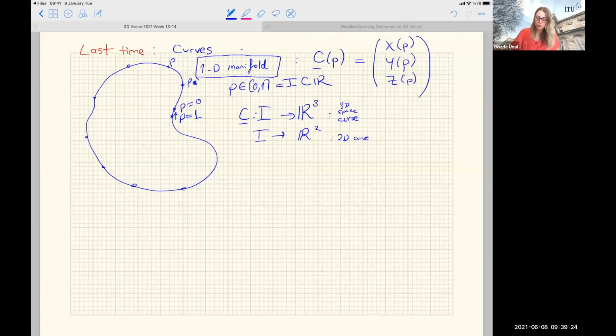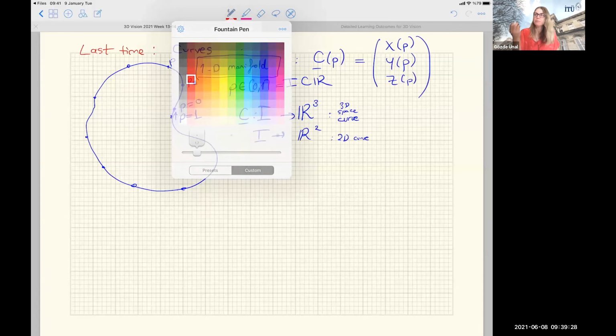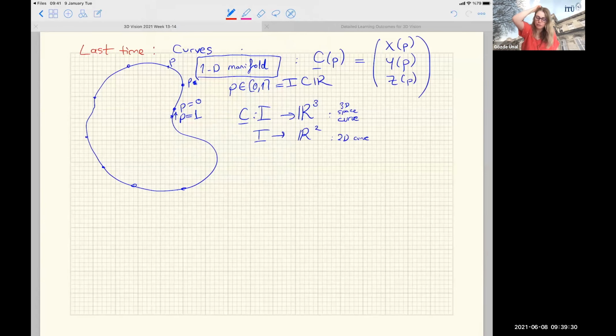And one important geometric entity we talk about, remember, is the tangent vector, right? We did this last time, so I have a p here. For a regular curve, this is C prime of p, or del C by del p.